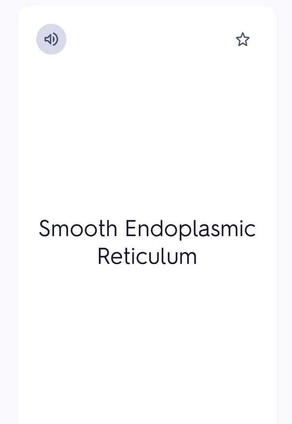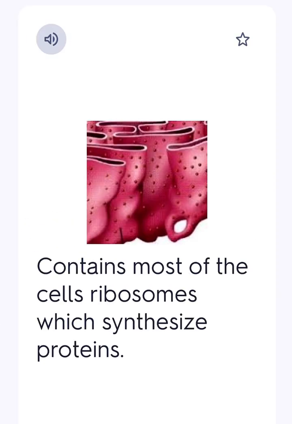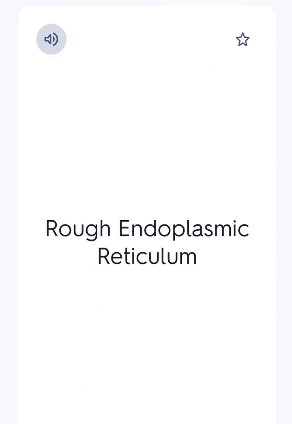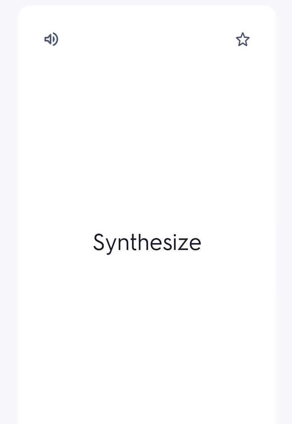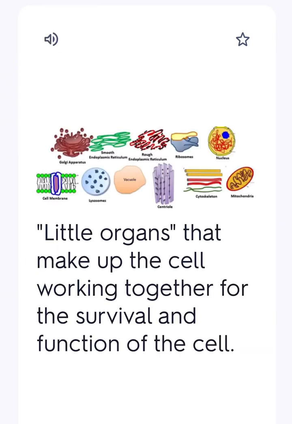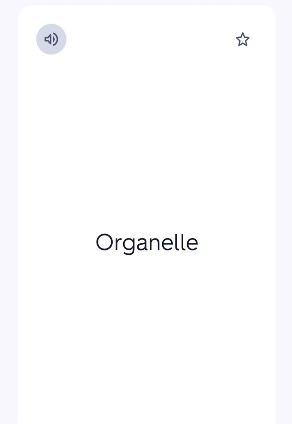Smooth endoplasmic reticulum. Contains most of the cell's ribosomes which synthesize proteins. Rough endoplasmic reticulum. To make. Synthesize. Little organs that make up the cell working together for the survival and function of the cell. Organelle.